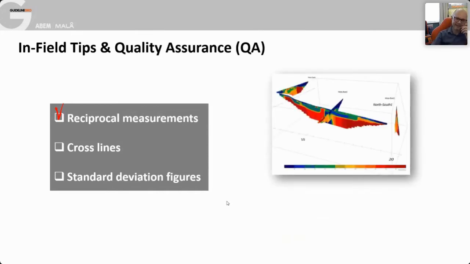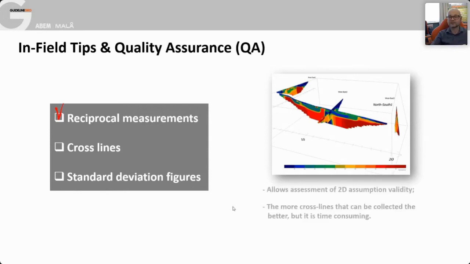Cross lines, again, these are very useful and help us to define whether our assumptions are correct. And so here you can see an ERT model where we've put a cross line in, and where the cross lines meet, what you should see is a good tie-up between the resistivity values if the model assumptions are working sufficiently in that region.